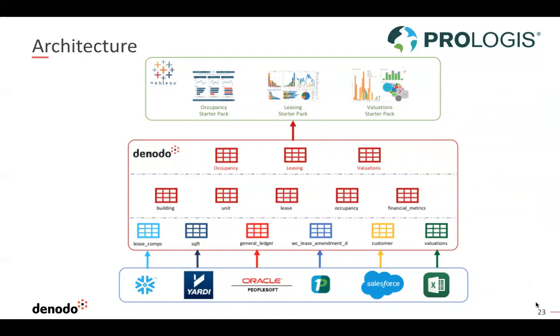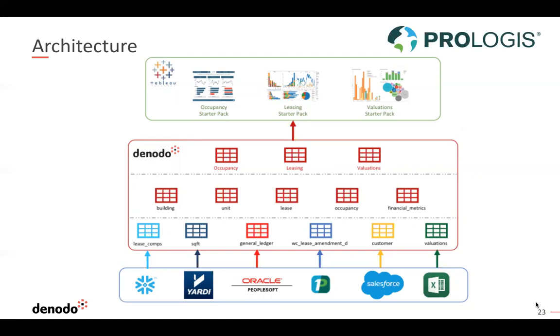They used Denodo, a logical data fabric layer, to create reusable data assets that could be used from the end consumer layer to ask the right questions and help provide the insights.